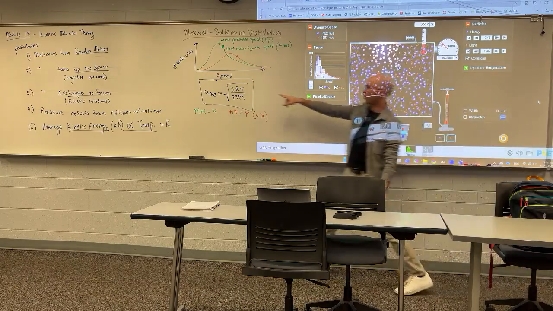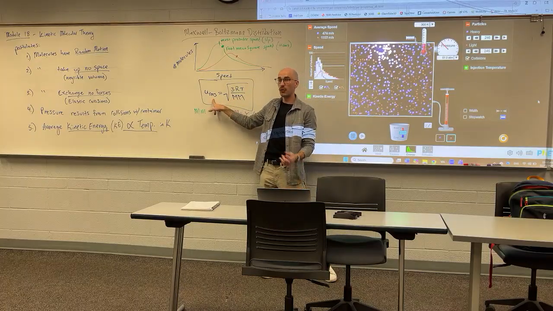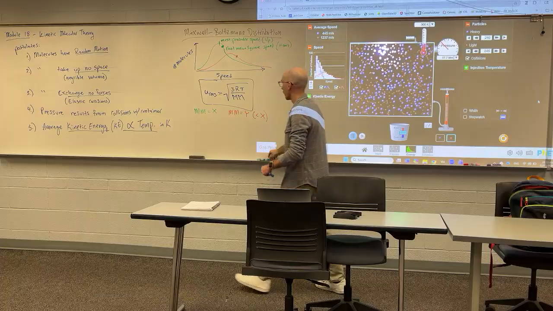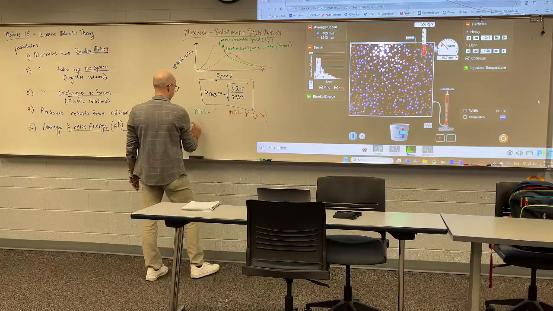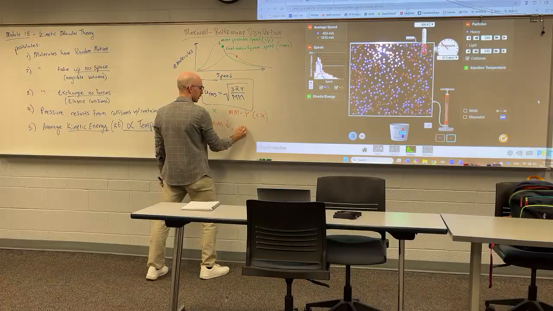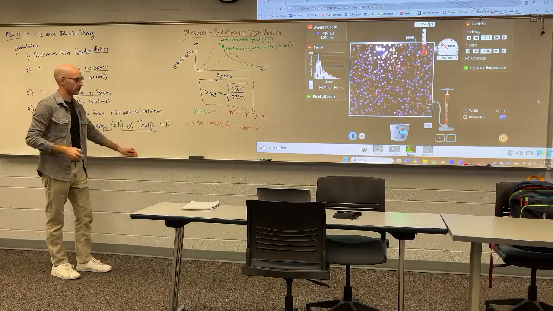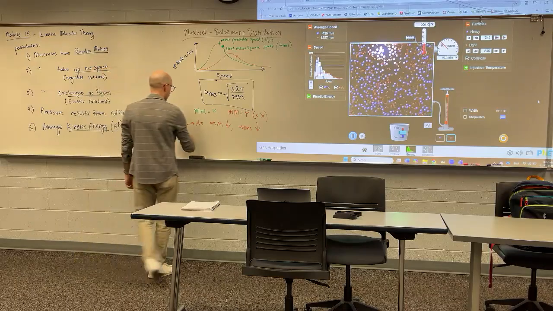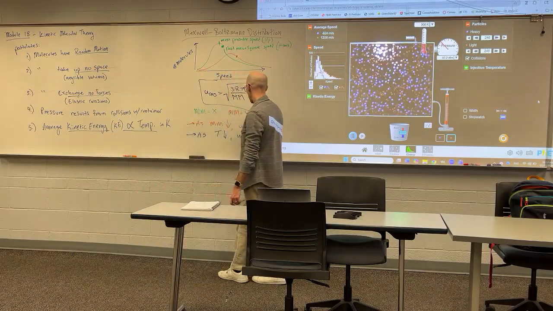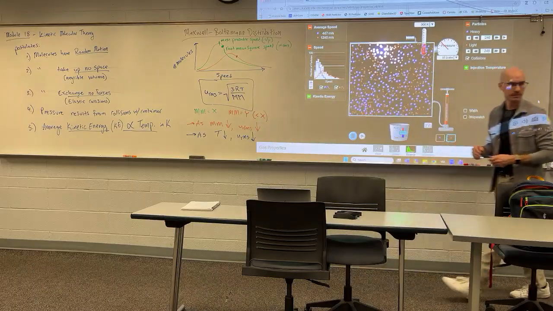As my temperature decreases, my root mean square will also decrease. These are actually the two big takeaways. As molar mass decreases, the root mean square increases, and as the temperature decreases, the root mean square decreases.